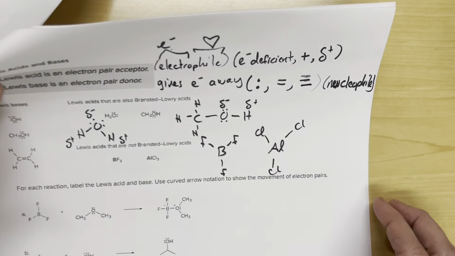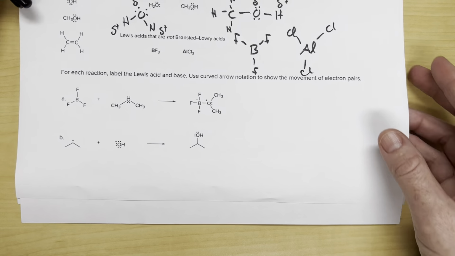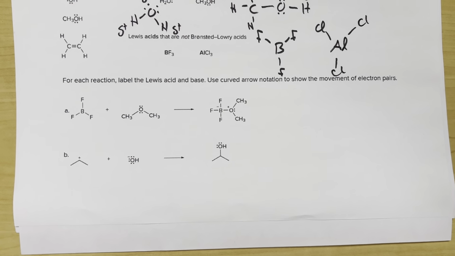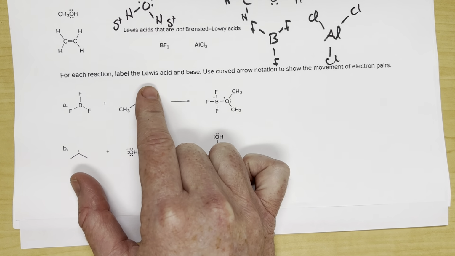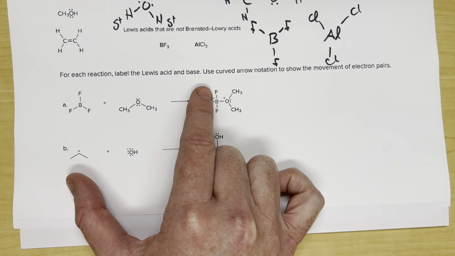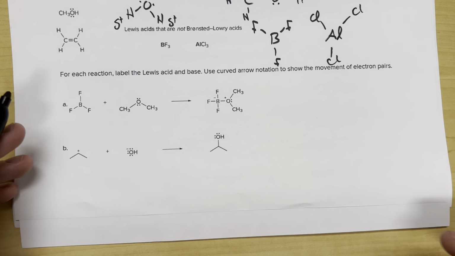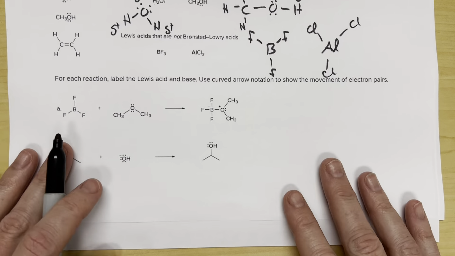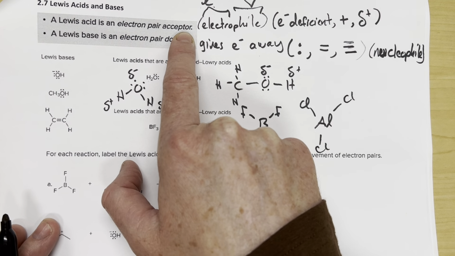All right, so let's go ahead and see what happens when we put these in reactions, because I think it's better just to put them into practice. So here it says for each reaction, label the Lewis acid and the base, and use curved arrows to show the notation. So again, you're going to want to look for the acid, something that can accept electrons.